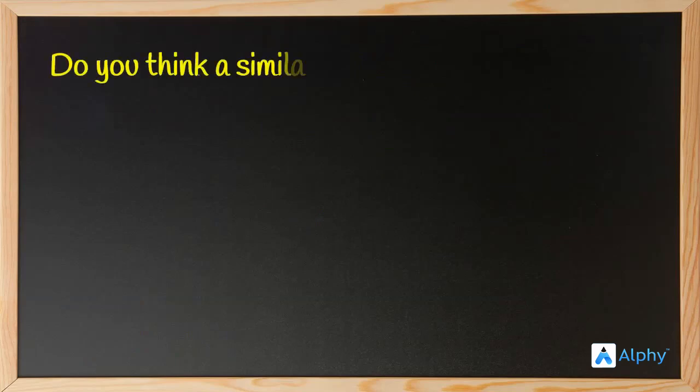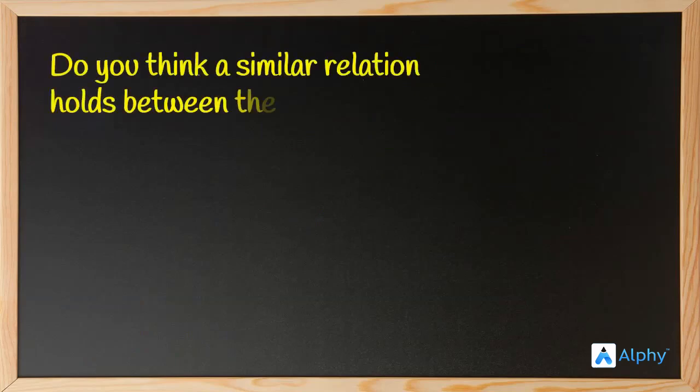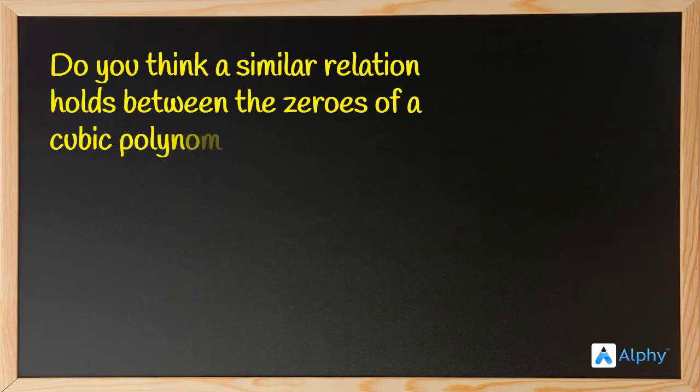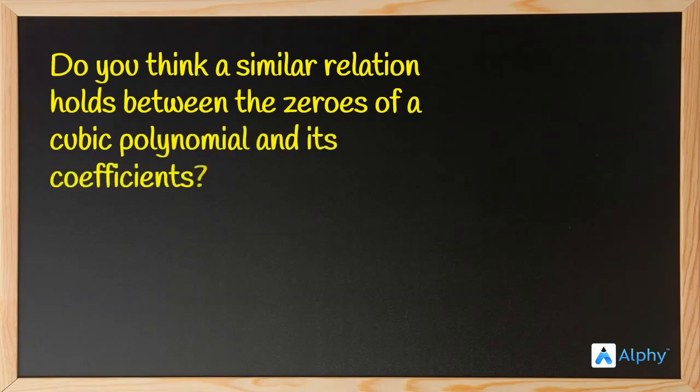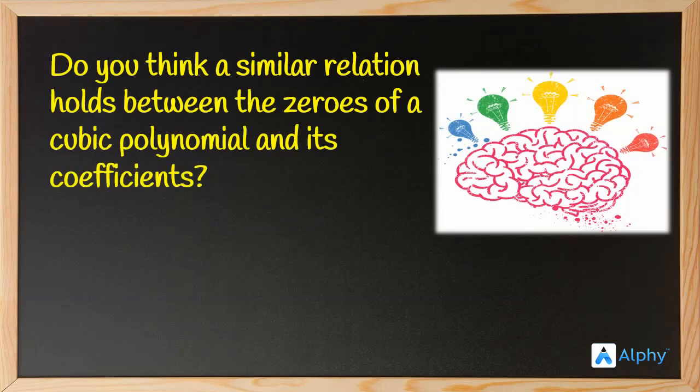Do you think a similar relation holds between the zeros of a cubic polynomial and its coefficients? You might already be thinking about this, or now you can think about it. Is there any special relationship between the coefficients of a cubic polynomial and its zeros as well?